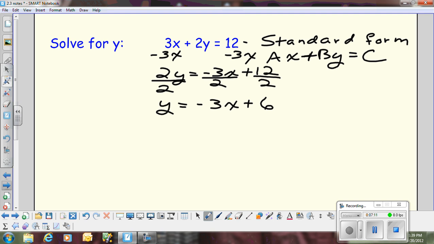So there it is. What did I do? Divide by 2. What is my slope? -3/2. So, if it's in this form and you want to work with it in this form, that's all you have to do to put it there.